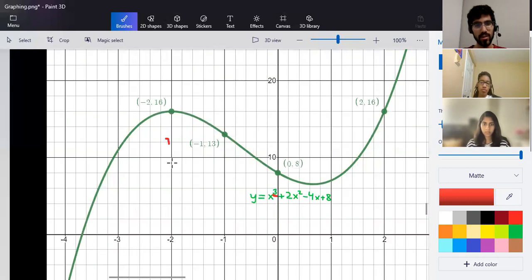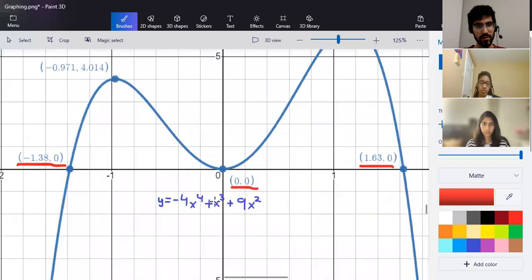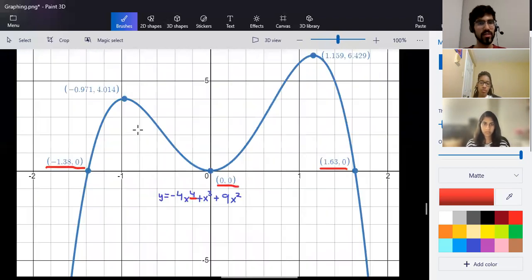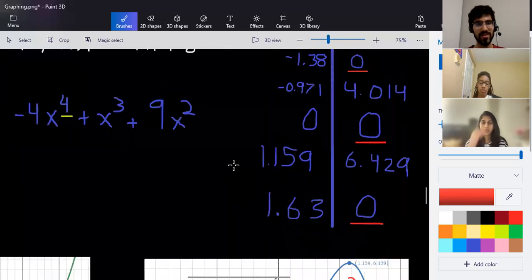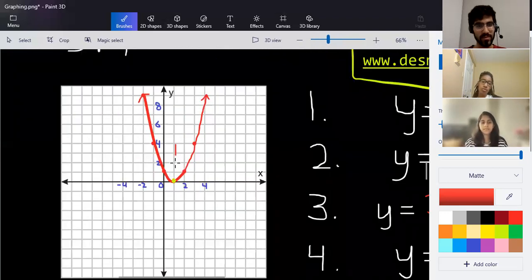And you'll notice we have 1, 2 curves. Over here, the degree of this function is 4. You see, 1, 2, 3, 4. That's the highest exponent. Here we have 1, 2, 3 curves. And if you noted, back with degree 2, what I called a quadratic function, this was degree 2, you only have 1 curve.